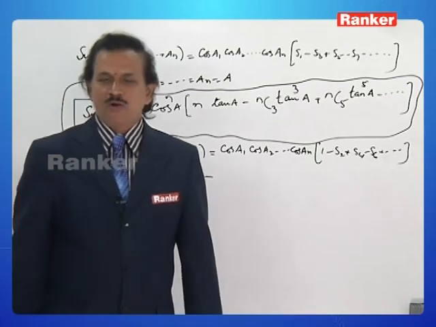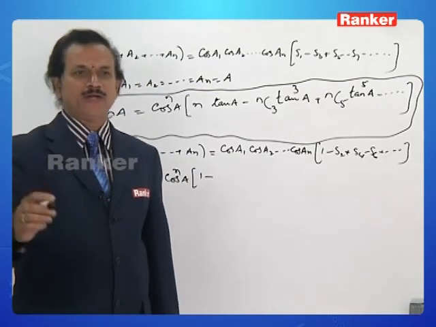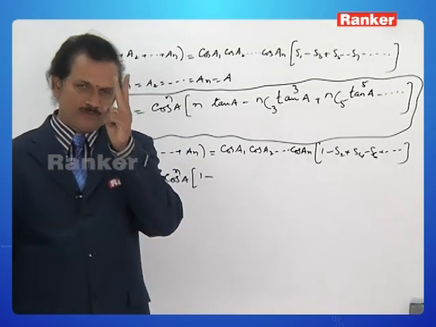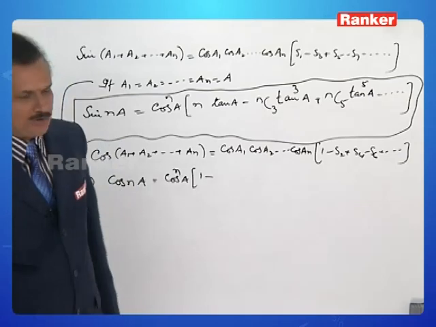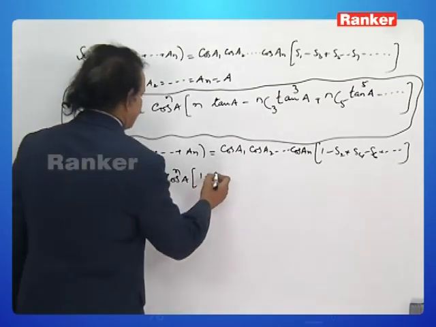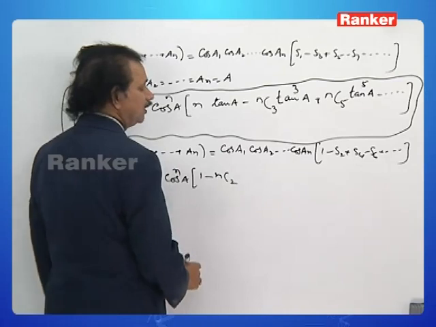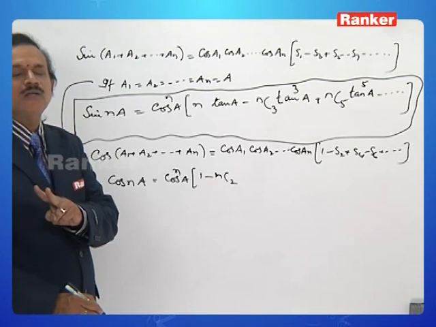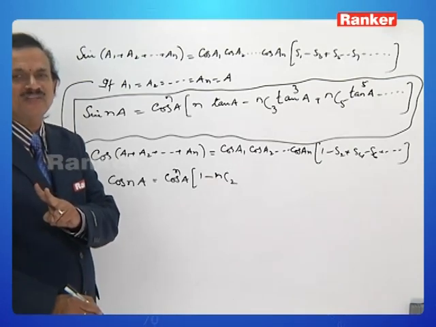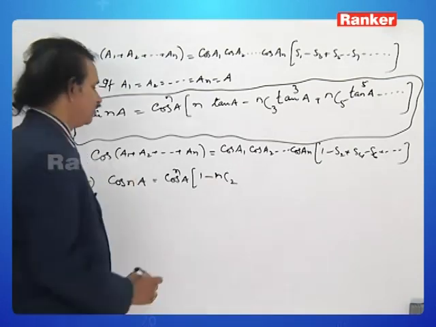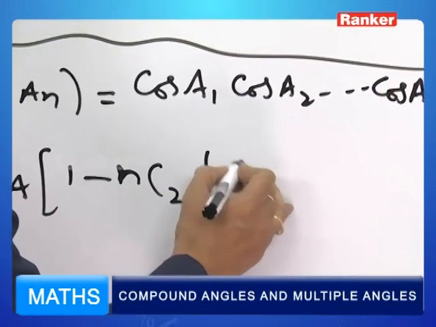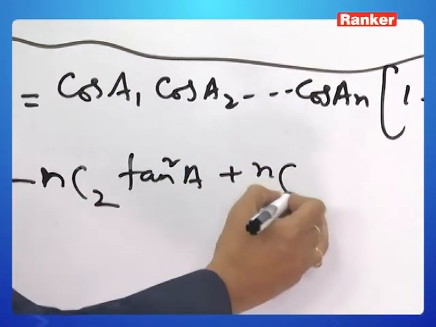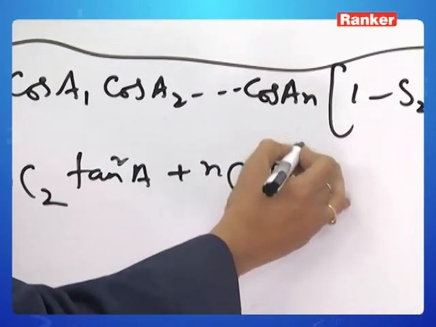S2. What is the meaning of S2? Tan A1, tan A2, etc. tan A, and n numbers are there. Out of them you are supposed to take 2 at a time. So how many ways? NC2 ways. NC2 into, in each product only 2 tangents will be there, tan A1 into tan A2, but we are taking A1 is equal to A2, etc. So tan square A, NC2 into tan square A. Automatically with the similar argument, the next term will be NC4 into tan power 4A.